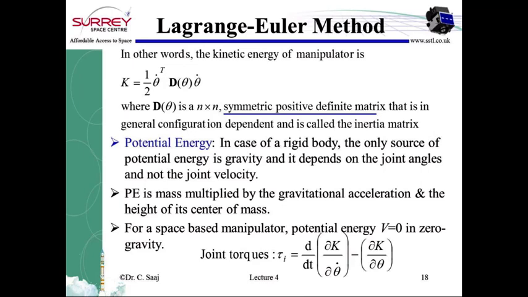So we can say that the Lagrange-Euler method is a nonlinear model that takes into account the different nonlinearities of the system.